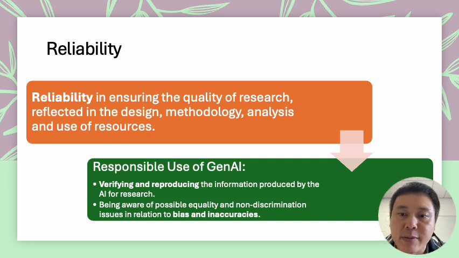Basically, that refers to hallucinations, the inaccurate results that are produced by generative AI tools, and also the potential biased content that we need to verify before we directly use it for any academic publication, which might hinder its quality.